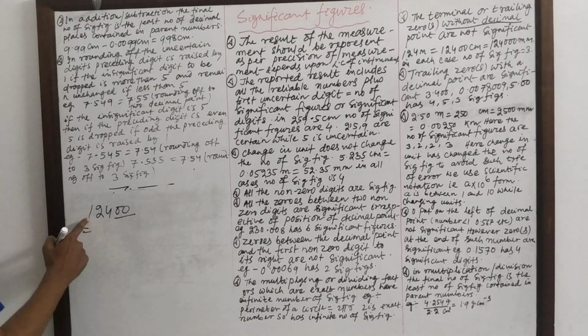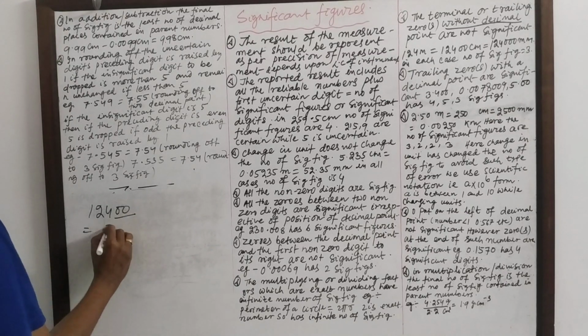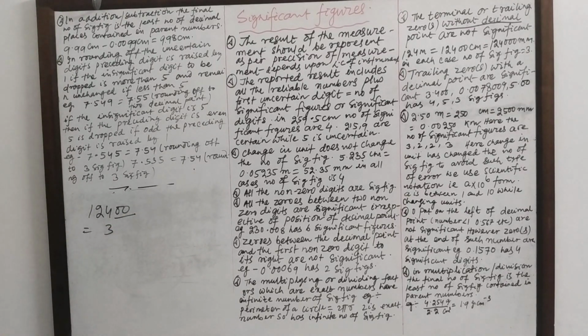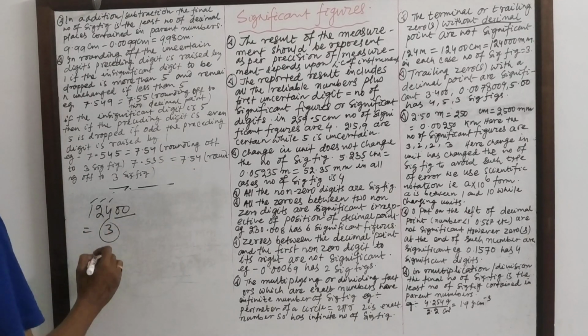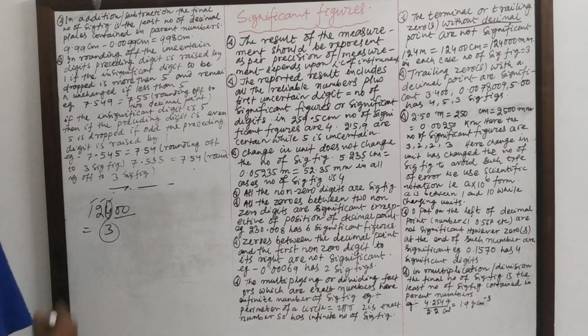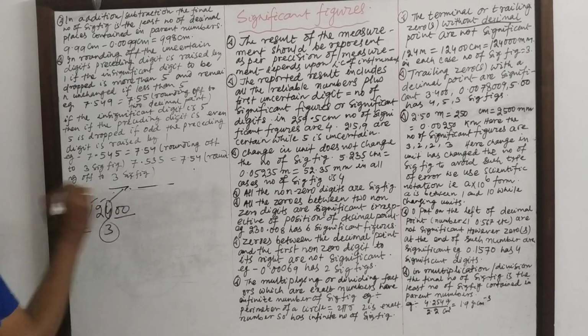That is, in 12400 the number of significant figures is 3.